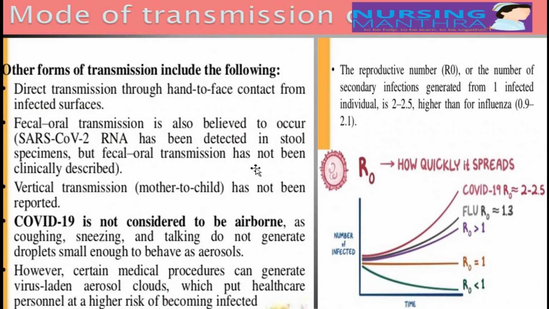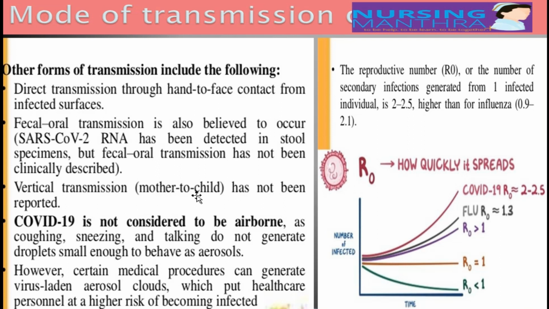Other forms of transmission include direct transmission through hand-to-face contact from infected surfaces. Fecal-oral transmission is also believed to occur. SARS coronavirus 2 RNA has been detected in stool specimens, but fecal-oral transmission has not been clinically described.